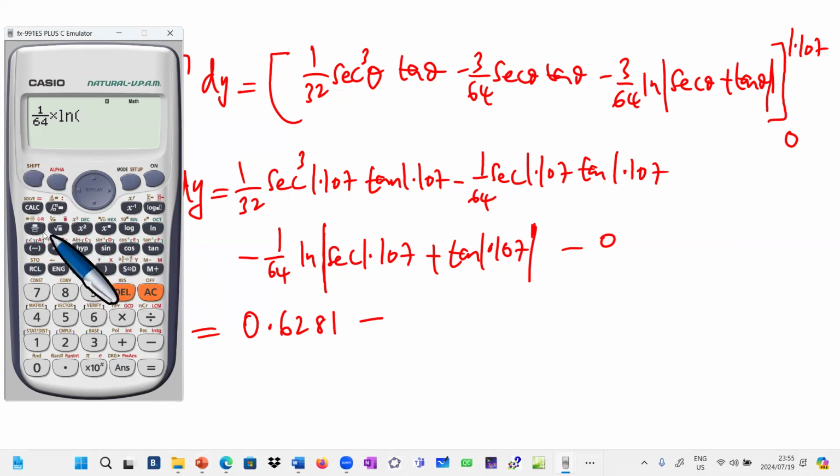Now the secant, because it's not there on this calculator, you use 1 over cosine, and the cosine of 1.107.